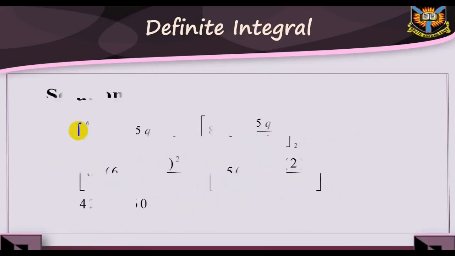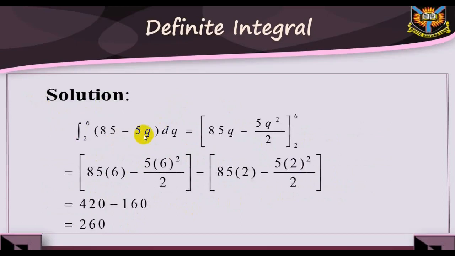The integral of 85 minus 5Q in brackets dQ within the limits of 2 and 6 equals 85Q minus 5Q squared divided by 2 within the limits of 2 and 6. 85 of 6 minus 5 of 6 squared divided by 2, minus 85 of 2 minus 5 of 2 to power 2 divided by 2, equals 420 minus 160, which equals 260.